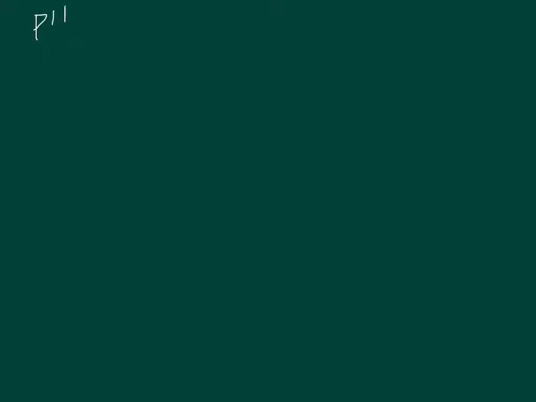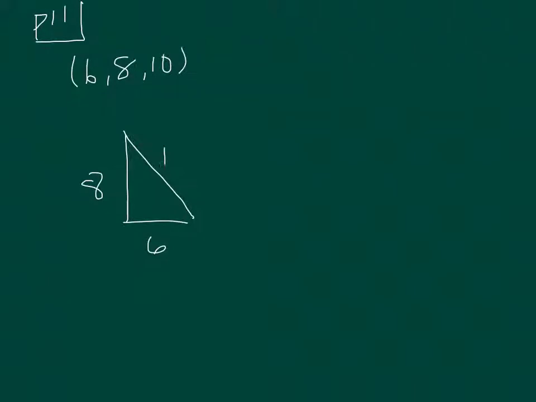How? We know 3, 4, 5 from the previous problem is a Pythagorean triple. How can you show 6, 8, 10 is a Pythagorean triple? Well, let's say we have a right triangle with 6 units and 8 units and hypotenuse 10. How do you show that this is actually a Pythagorean triple?